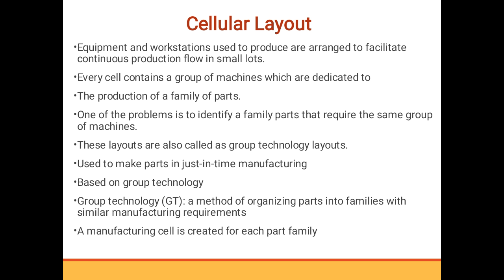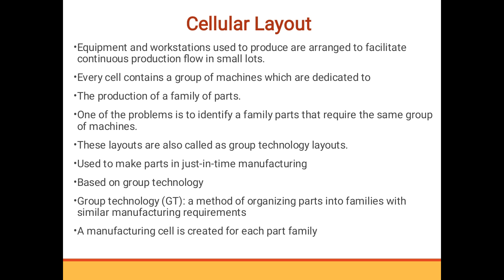Every cell contains a group of machines which are dedicated to the production of a family of parts. That means here the operations are grouped together. Here production facilities are grouped together based on their similarity of production parts.